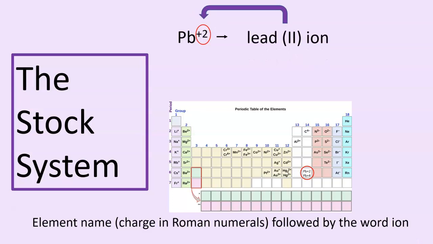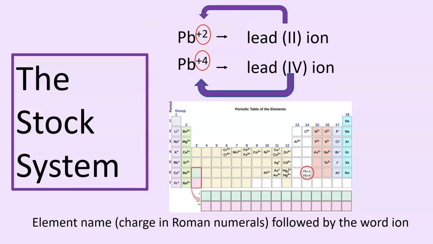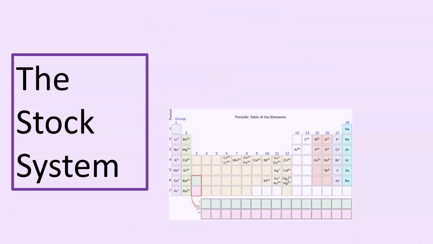That 2 in the parentheses in Roman numerals comes from the actual charge. Then we have the second one, just a quick overview. We have a lead with a +4 charge, and so that means we're going to end up with a lead 4 ion. And again, our Roman numeral comes from the actual charge.